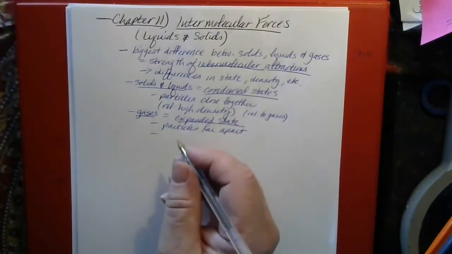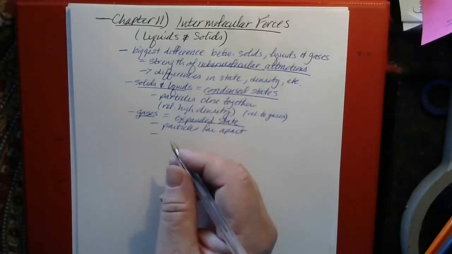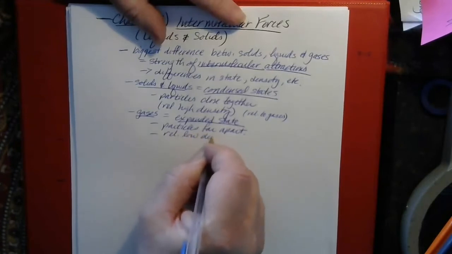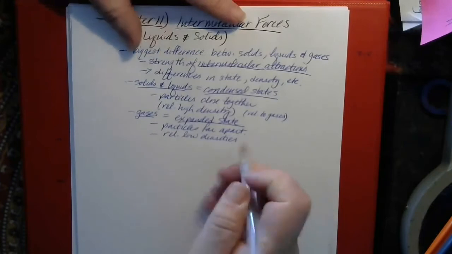As we saw, part of the definition of an ideal gas, according to the kinetic molecular theory of gases, is that the particles have to be essentially infinitely far apart relative to the size of the particles themselves. And so that is definitely an expanded state, and that means relatively low densities.